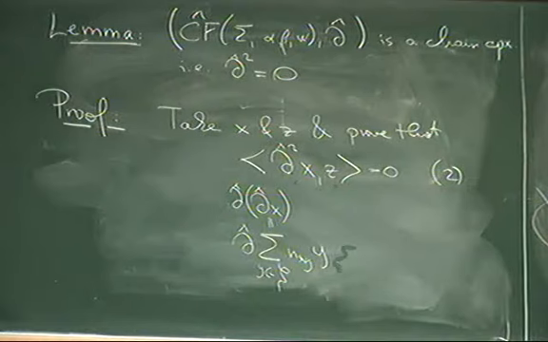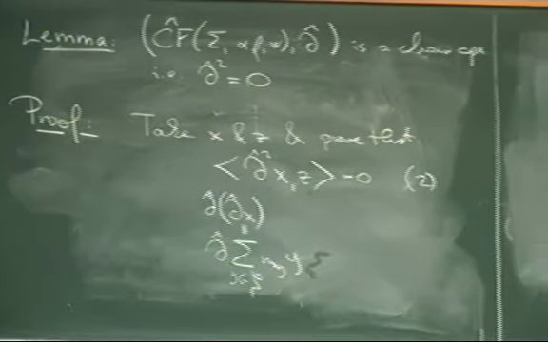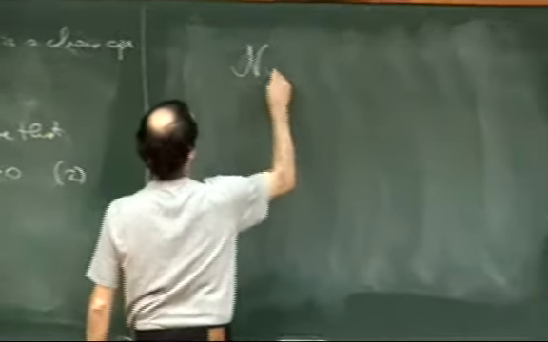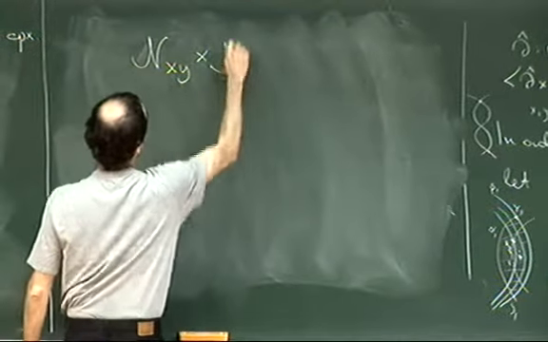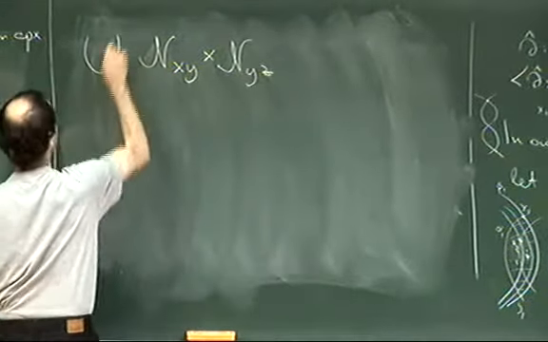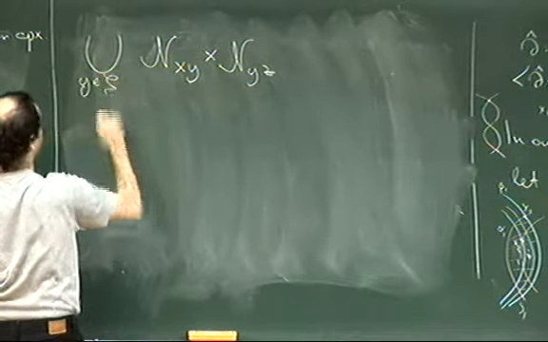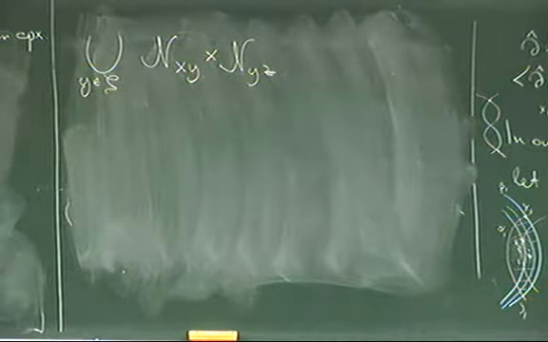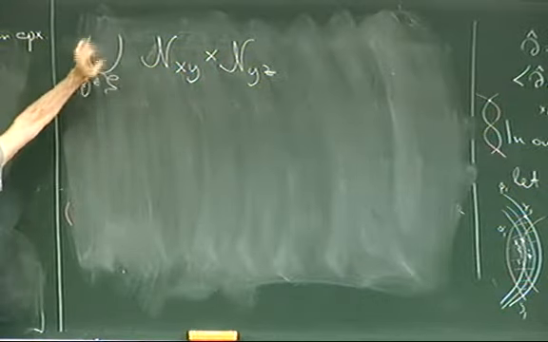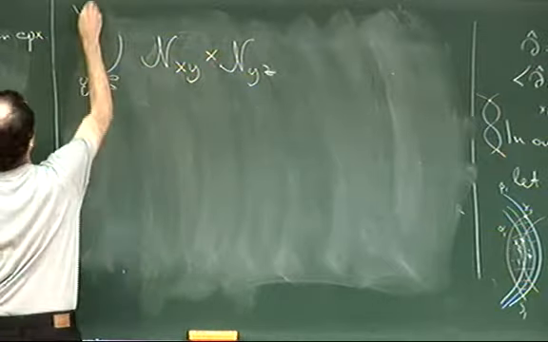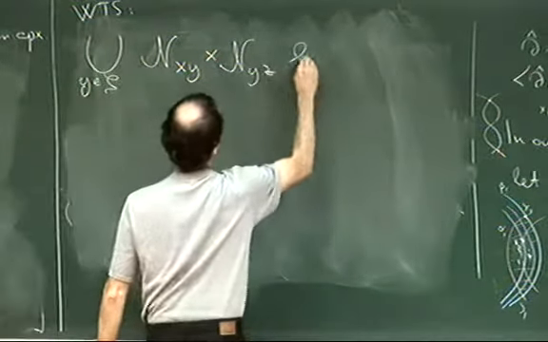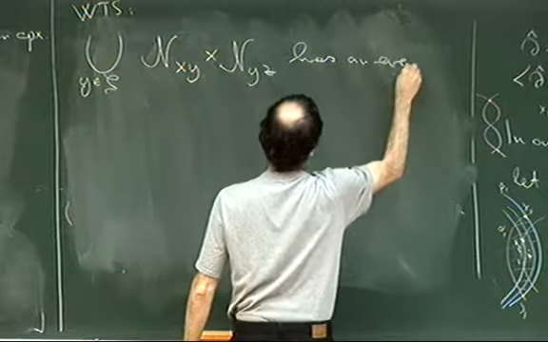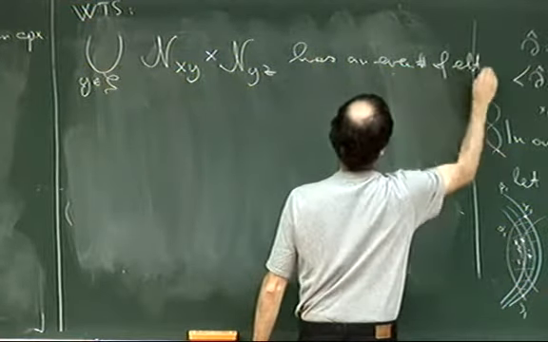So let me just write it down very quickly. It's very standard, so we just have to take these sets and take their union for all y's, right? And this statement is just to say that this set has an even number of elements. So I want to show that this has an even number of elements.